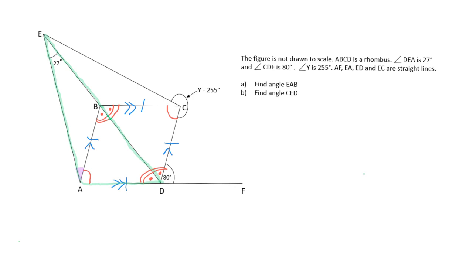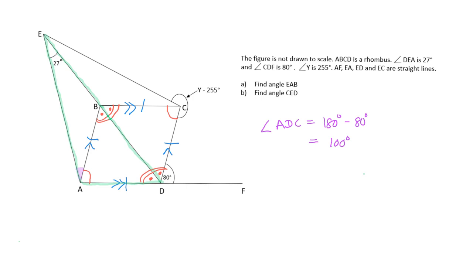In the question, we are told that AF is a straight line. Therefore, we can use the property of sum of angles on a straight line, which add up to 180, to find the value of angle ADC. Therefore, angle ADC is equal to 180 degrees minus 80 degrees, which is 100 degrees.